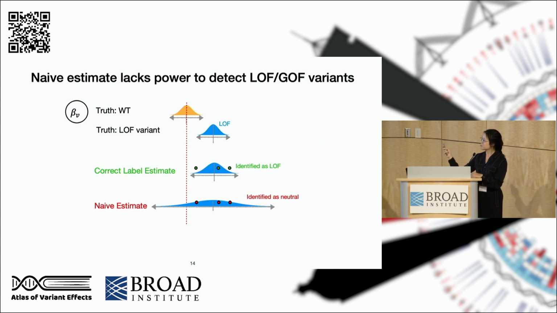A correct estimate would be something like this green one, where we can successfully identify it as loss of function using a p-value threshold of 0.05. But with the naive estimate, because you have an over-dispersed count estimate, your uncertainty is very wide. So even your loss of function variant might be falsely identified as neutral. That is not something we want, or we say it lacks power.